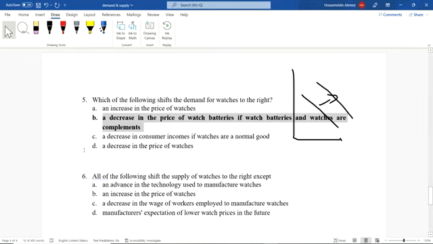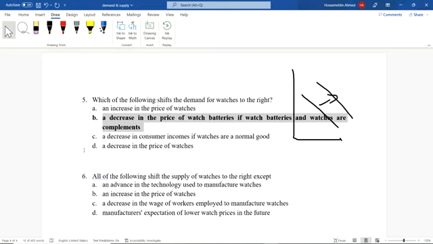Number C states a decrease in consumer incomes, which are normal goods, which is totally incorrect, because if we have a normal good, an increase in incomes will lead to increasing the demand, and he stated a decrease in consumer incomes.